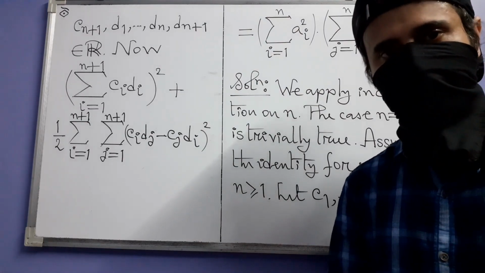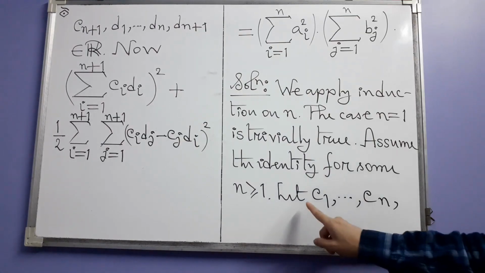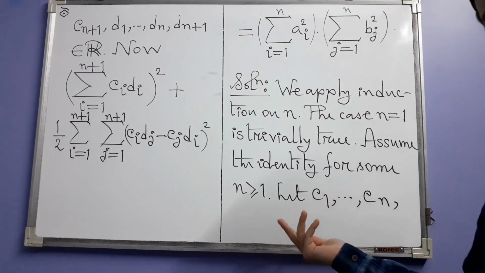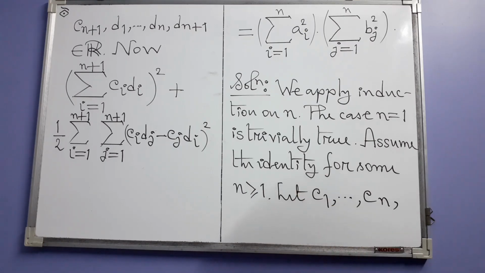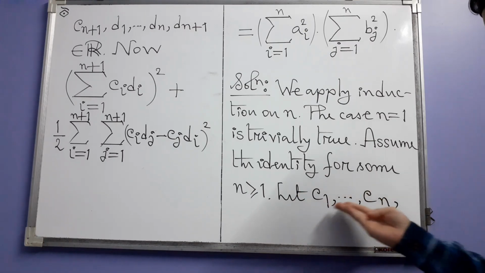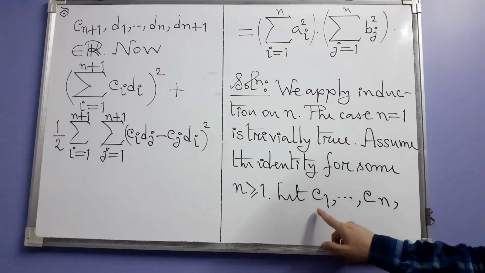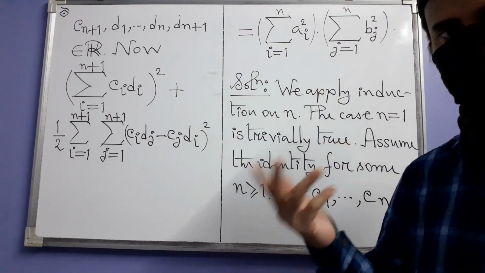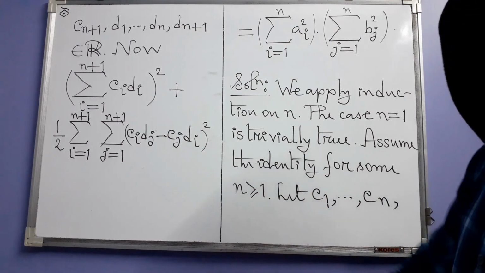For our induction step, next we choose these real numbers C1, C2, if you want you can call these also A1, A2, etc. For some reason I decided to write C and D. So C1, C2 up to Cn and then Cn plus 1, because we are now going for the n plus 1 case.